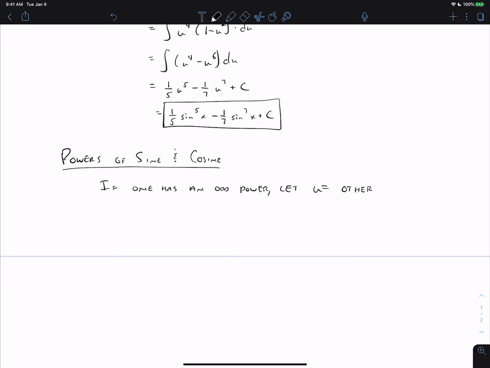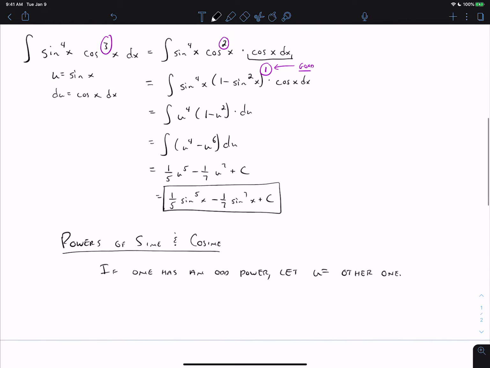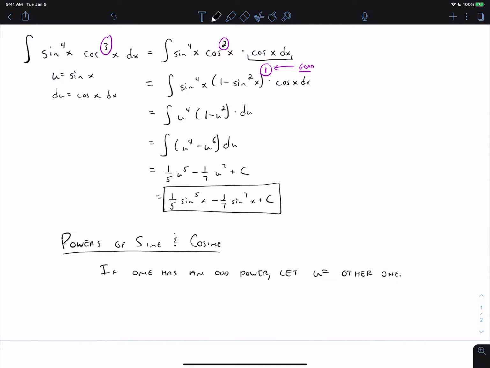Okay, and a couple things about this statement. It's stated very, very specifically. One thing it does not say is that you let u equal the even power. There's no guarantee that you're going to have either function with an even power, and so it's not always that you do that.